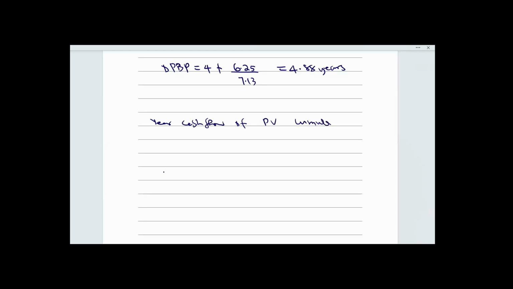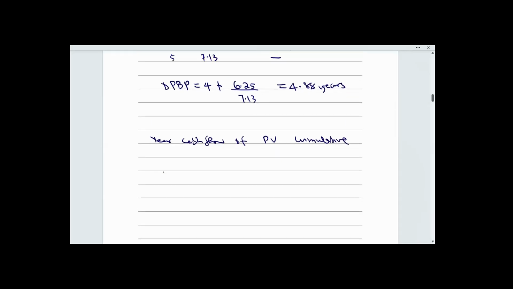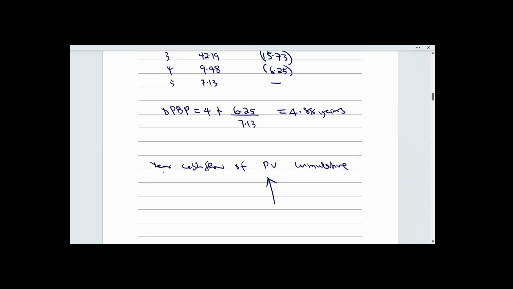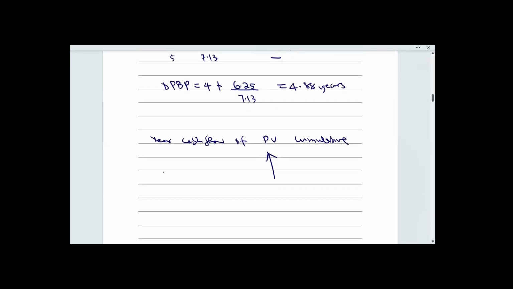So this will be the format. I think I gave you this format last week. So this is the format you are going to create if you want to calculate discounted payback period. But because we have already calculated present value, that's why we ignore the other columns that we have. Okay. So that is as per that.